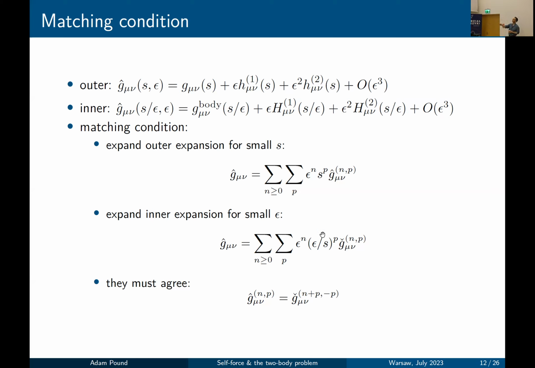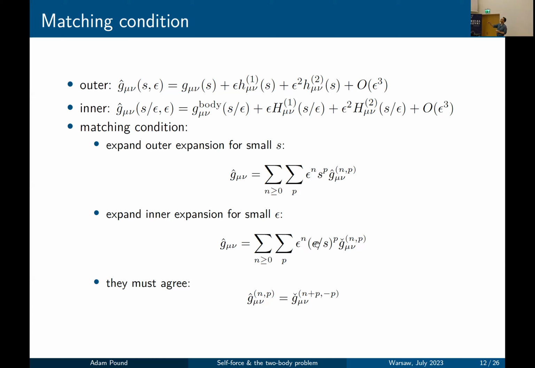So we have two different double expansions. And basically, we're going to insist that the expansions commute. So if we expand first in powers of epsilon and then in powers of s, or if we expand first in powers of s and then powers of epsilon, we're going to get back to the same double expansion. So what that means is the coefficients in these two double expansions have to match term by term.